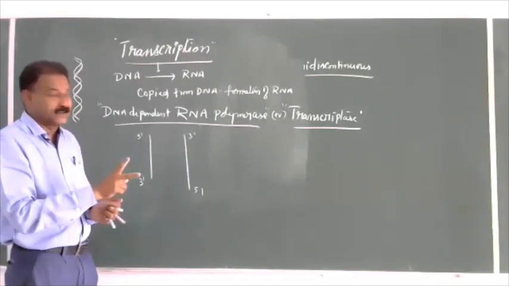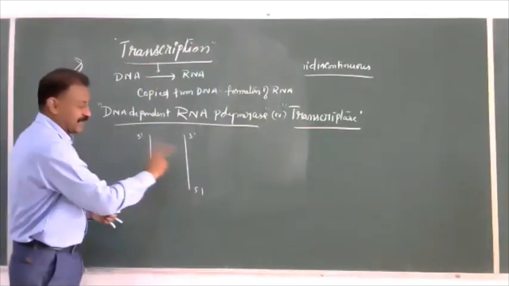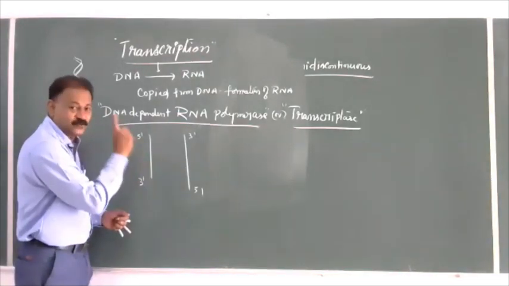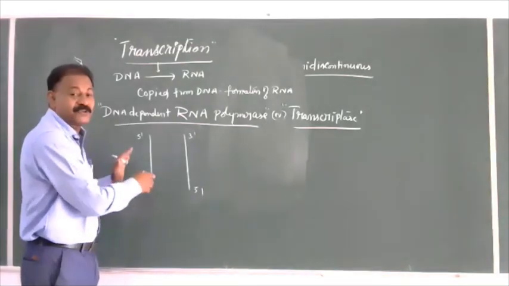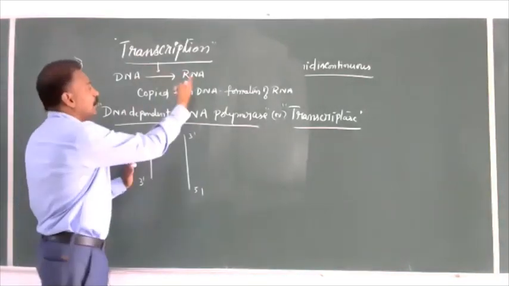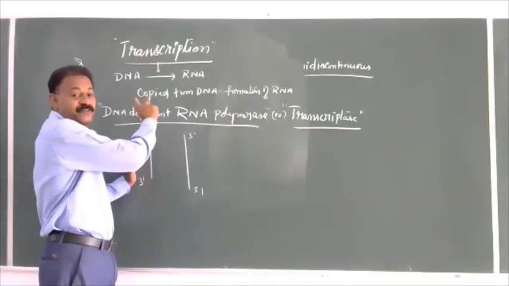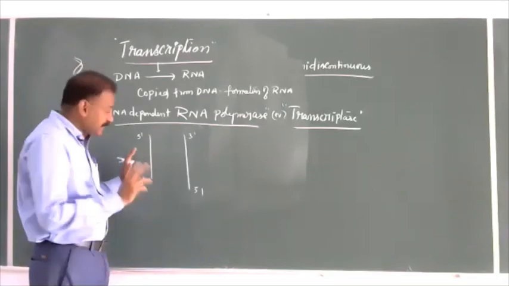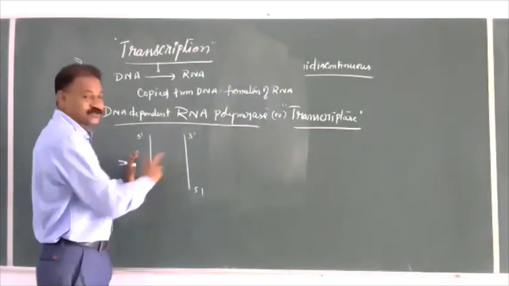So the information of this strand is copied onto RNA. The process of copying the information of DNA into RNA is called transcription. We are going to see which strand is involved.